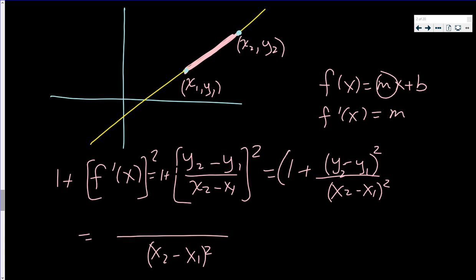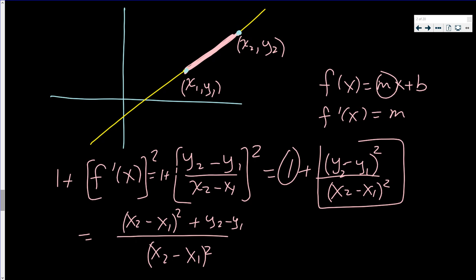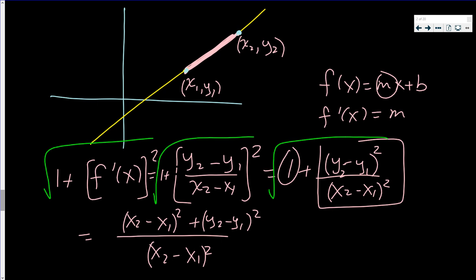So I'm going to write that as x2 minus x1 squared over x2 minus x1 squared plus this fraction, which is y2 minus y1 squared over x2 minus x1 squared. Now let me just take the square root. So we want the square root of this mess.